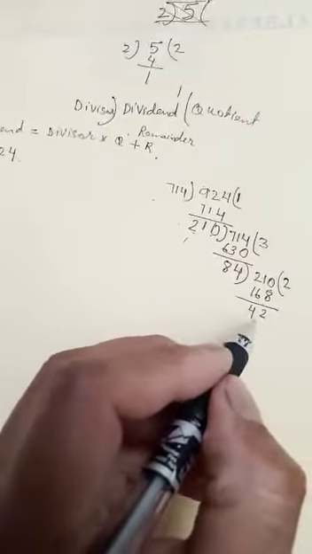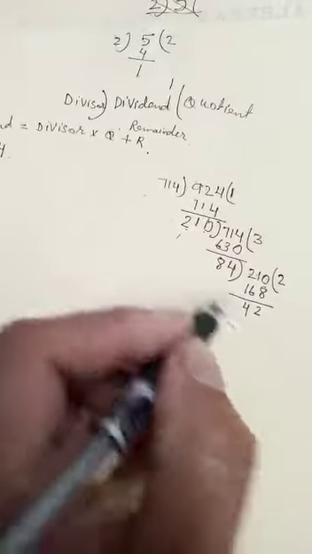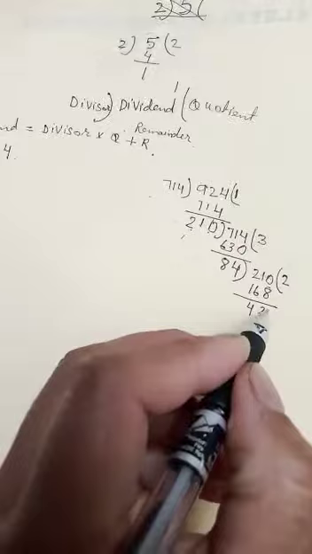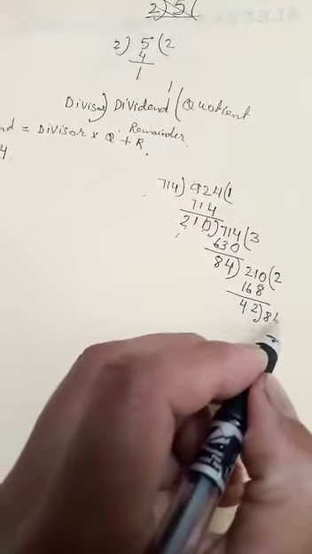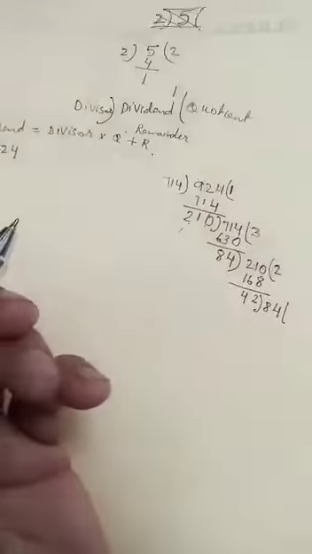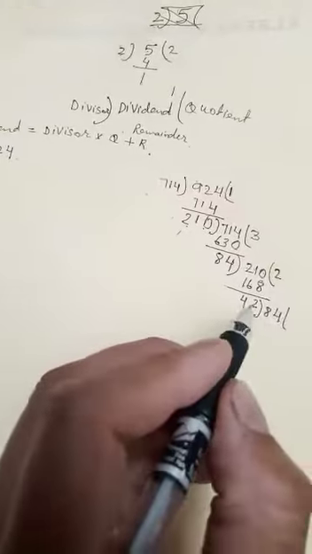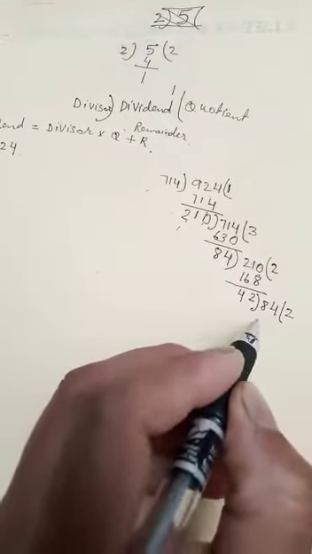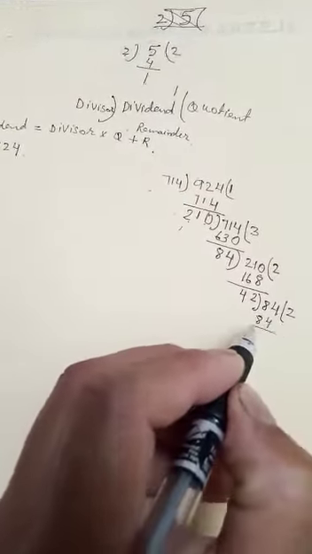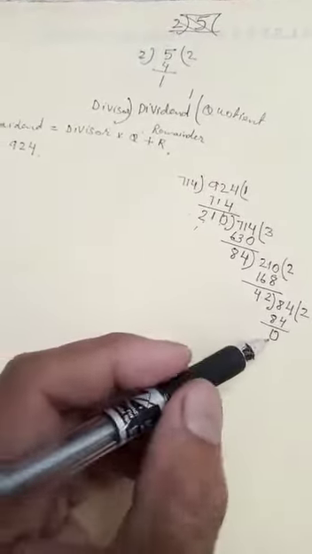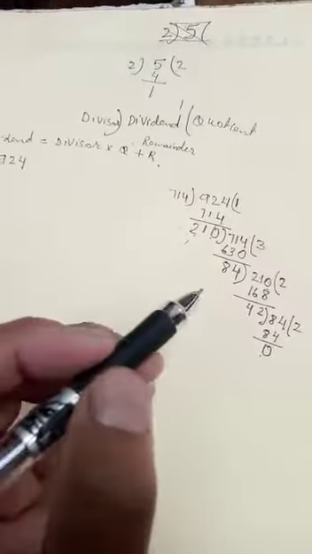Then again this remainder will become the divisor, and this divisor will become the dividend. The process has to continue till we get remainder 0. Now 42 into 2 will be 84. So now we get remainder 0, and the process ends here.